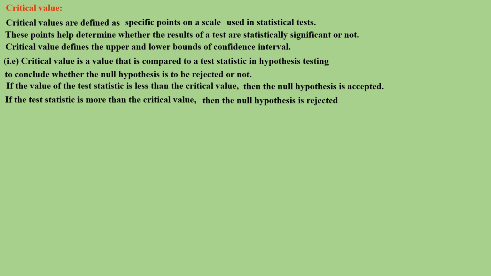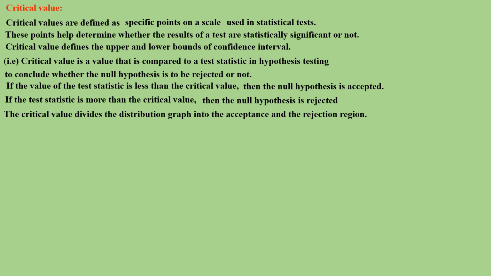If the calculated value is greater than the tabulated value, the null hypothesis is rejected. That value is called the critical value, right. If the value of the test statistic is less than the critical value, then the null hypothesis is accepted. If the test statistic is more than the critical value, the null hypothesis is rejected.